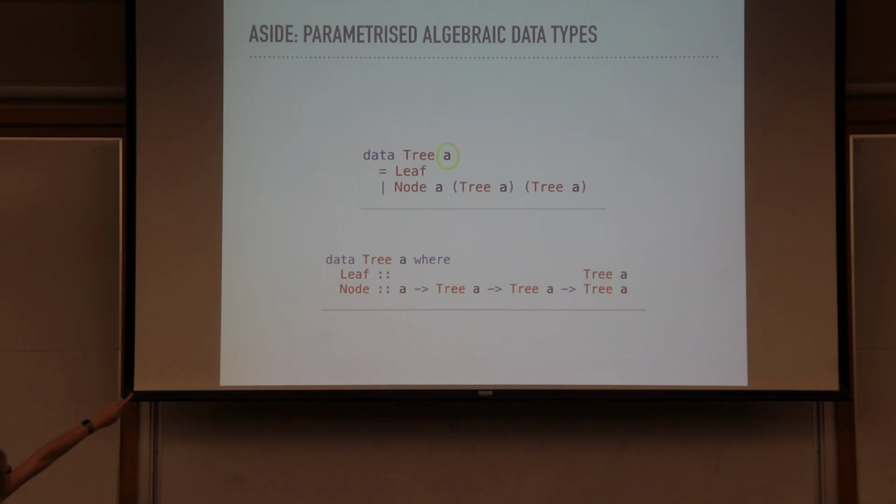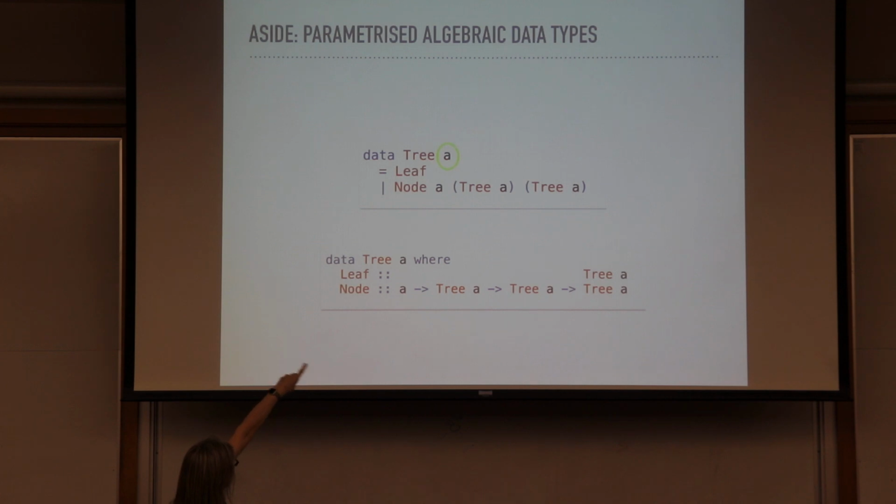It kind of looks similar. In the first notation, the result type of the application of the constructor is implicit. So leaf does not have anything there, so it means it doesn't get an argument, and the result type is the type of the data structure I'm defining. So the result type is tree of A. And with node, I only mention the three arguments, but I don't mention the result type here.